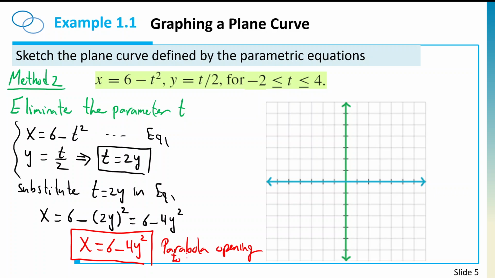If I need to check the values, I need to change t from -2 to 4. Now maybe you'll ask, if I know how to graph this parabola, I need at least the starting point and the end point.